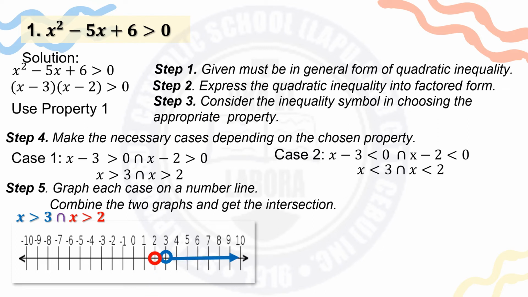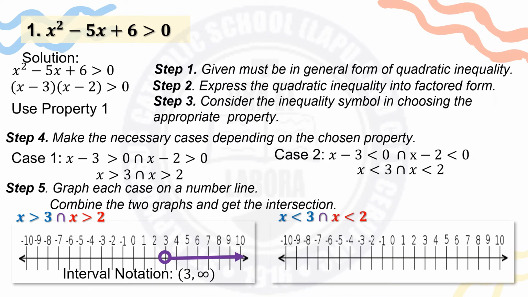Next, let's have the red graph for x is greater than 2 for case 1. Hollow dot on 2, then going to positive infinity. And when you get the intersection of case 1, that would be hollow dot 3 going to positive infinity.